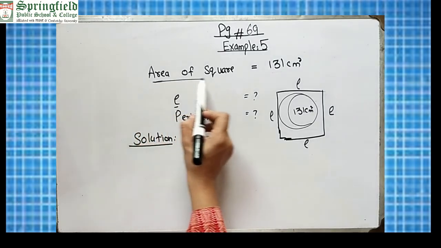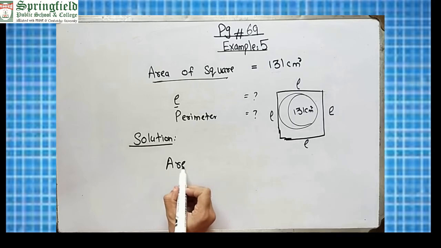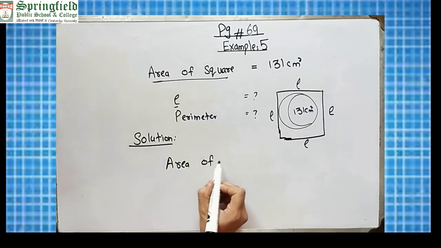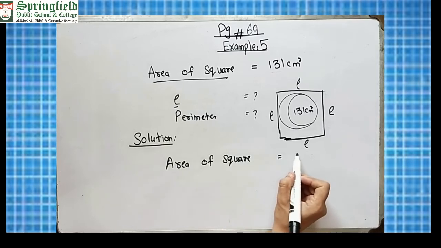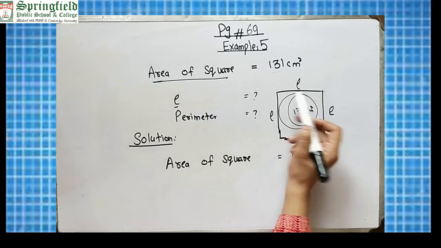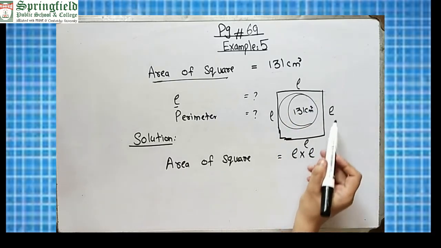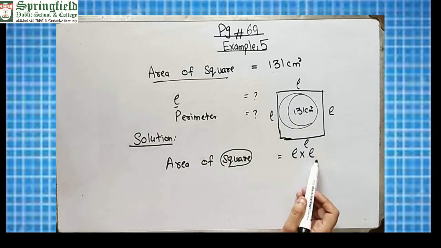The area of square is equal to length multiply breadth, and breadth is also length. So it means length multiply length. Here we are talking about the square, not rectangle. So the area of square is length multiply length.